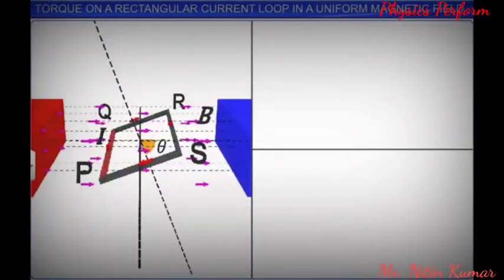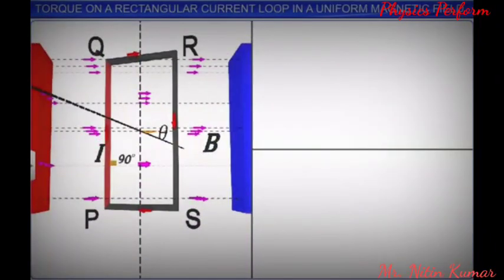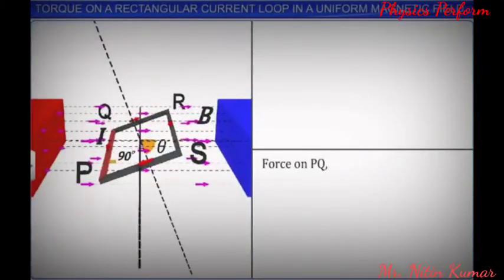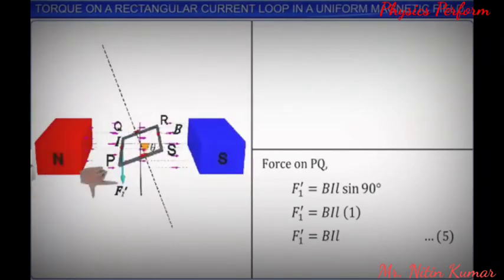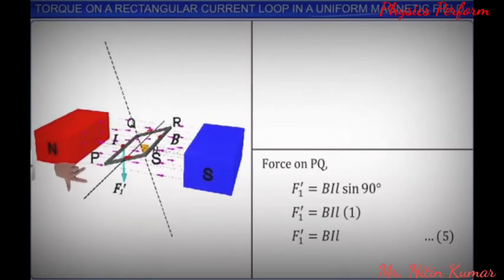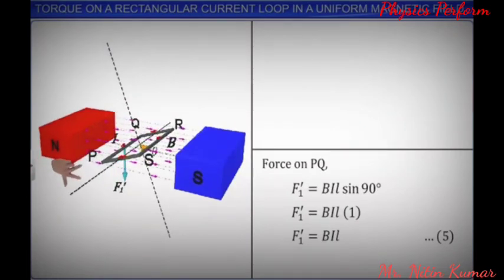Here too, the angle between the direction of current through PQ and the direction of magnetic field is 90 degrees. Hence, the force acting on the arm PQ of the rectangular loop due to the magnetic induction B is F1 dash is equal to BIL. Let this be equation 5. Here, using Fleming's left-hand rule, we find that the force acts downwards in a direction perpendicular to the plane containing B and I.